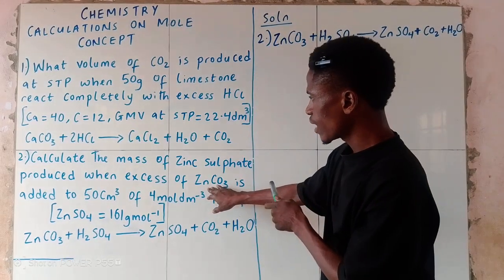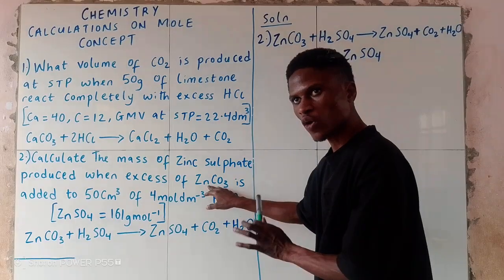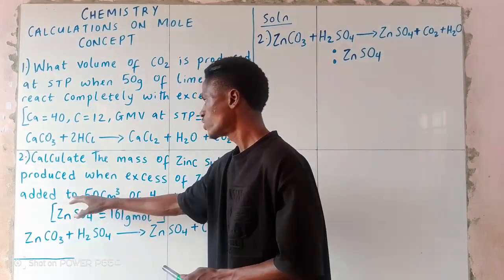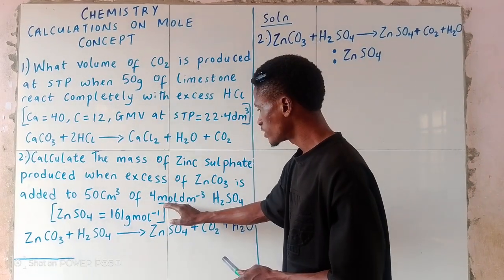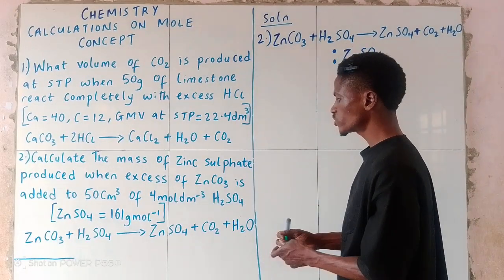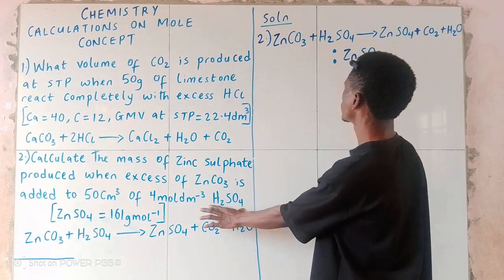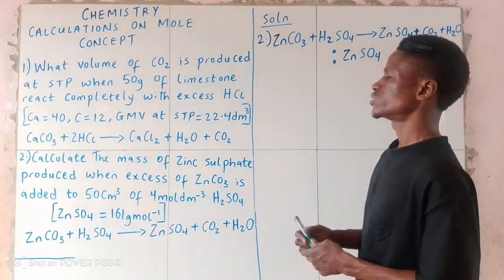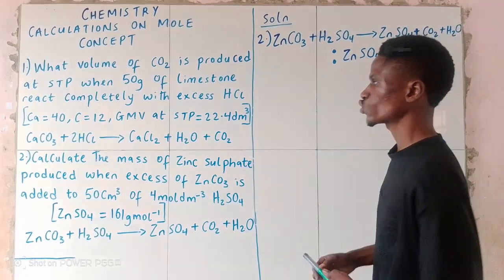It's only saying that when excess of zinc carbonate is added to 50 cm³ of 4 mole per dm³ H2SO4. So it means that H2SO4 is the one that is having value.